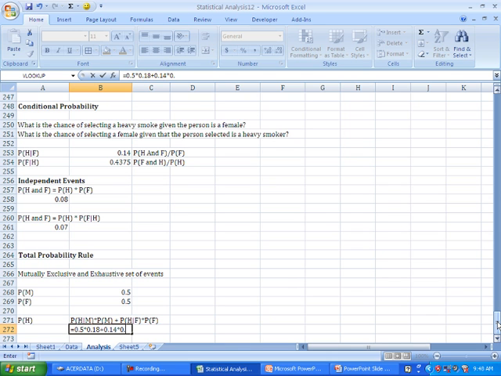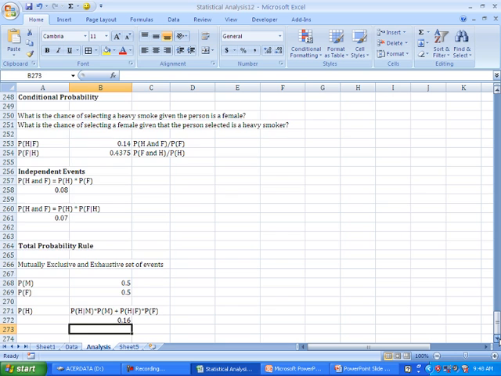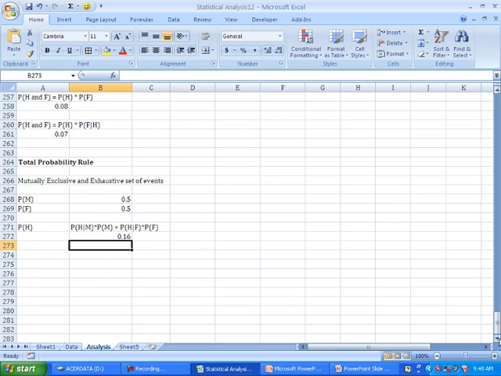So all I can simply say is 16% of my overall population are heavy smokers. So in this case, at least we have the value, so we don't need to bother. But this relationship actually helps us out at a later point very well. And based on this concept itself is what we call the Bayes theorem.